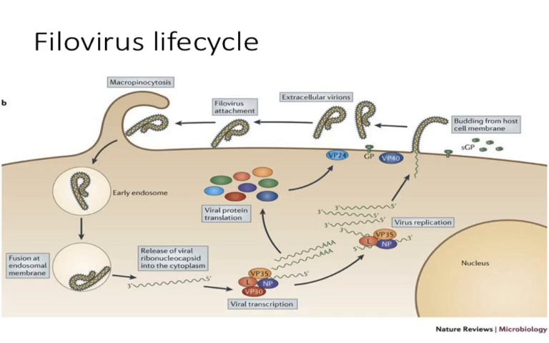And actually, this is going to be constantly bound by nucleoprotein and associated proteins. So here we've got nucleoprotein, VP35, L, VP30 driving transcription, VP35, L and NP driving replication.